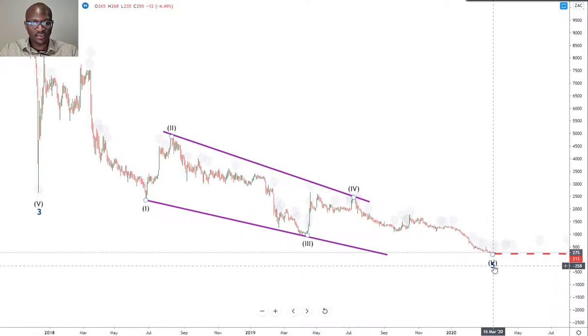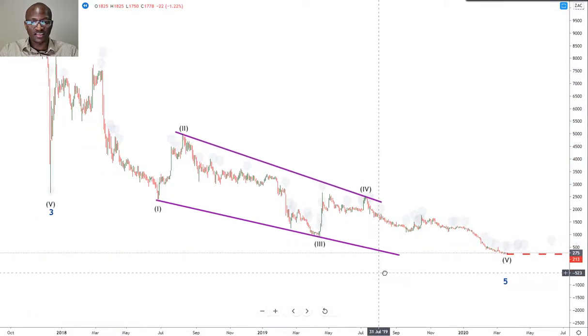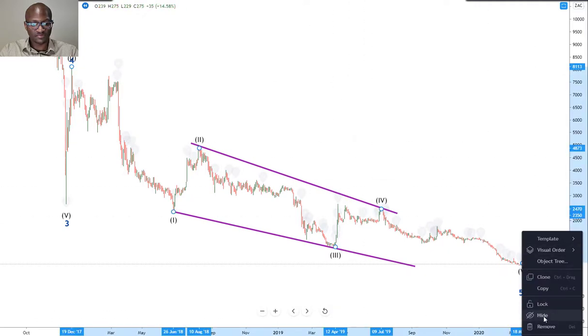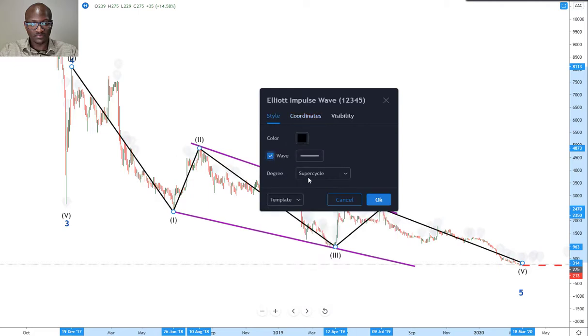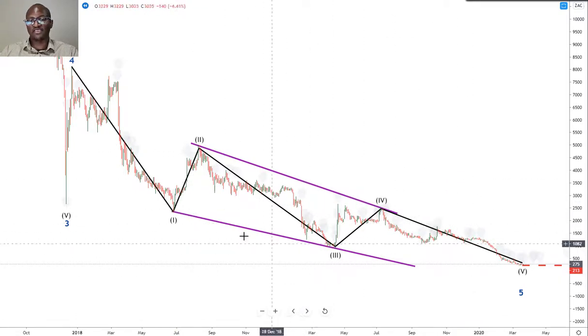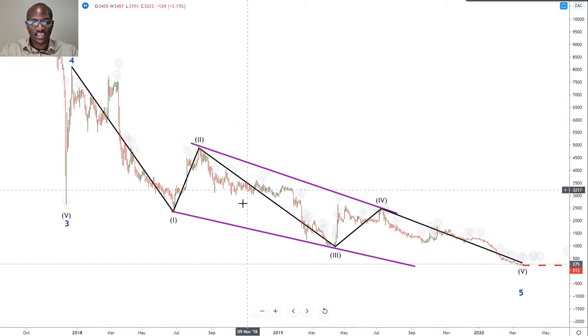So what we have here in this ending diagonal is 5 waves. Here are the 5 waves, 1, 2, 3, 4, 5. Textbook ending diagonal or falling wedge.